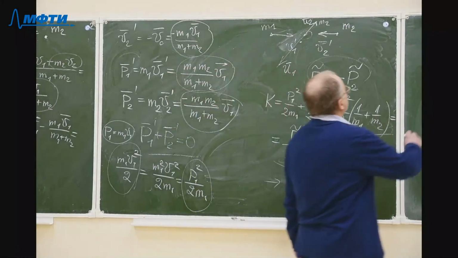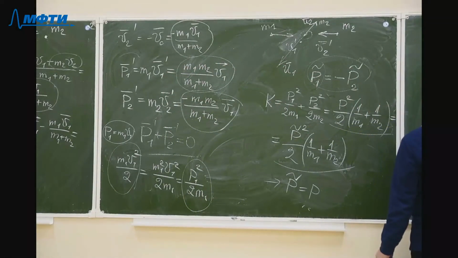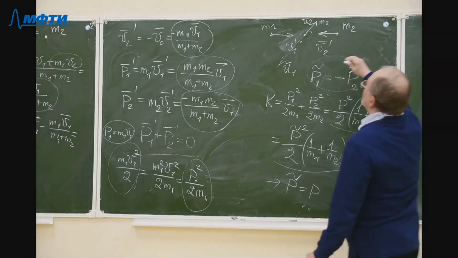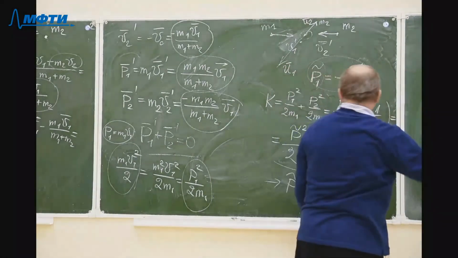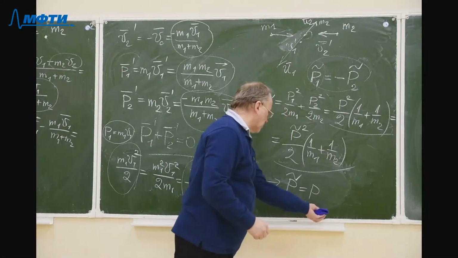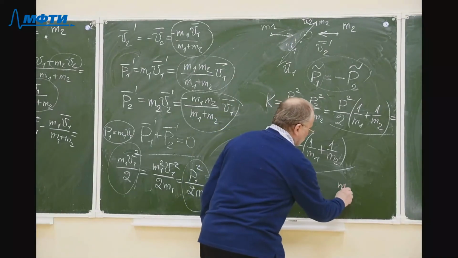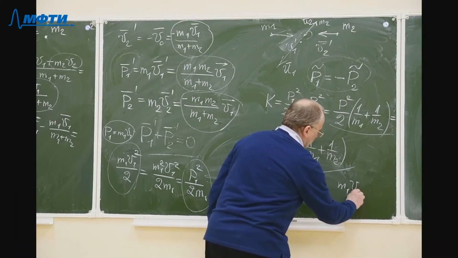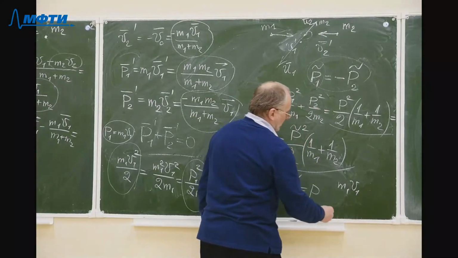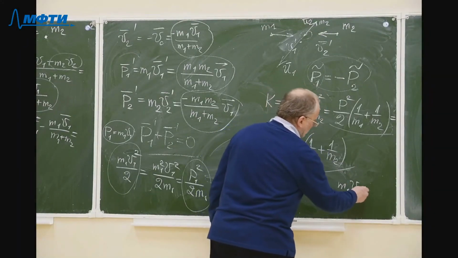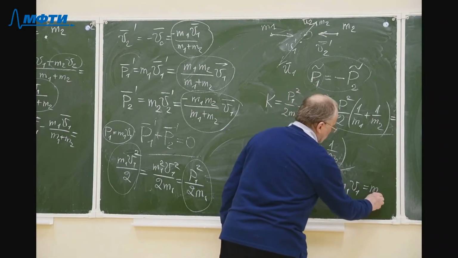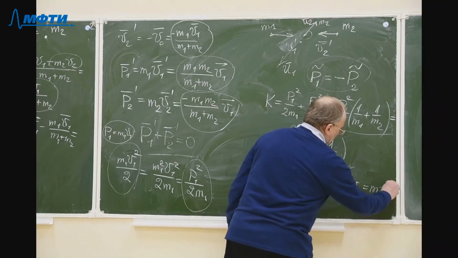What does it mean? Suppose that before the collision the velocity of the first particle... well, if momenta are equal, then the velocities are equal. The momentum of the first particle before the collision, and the momentum of the first particle after the collision.